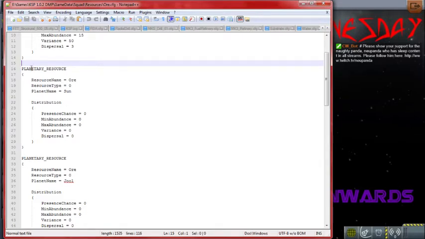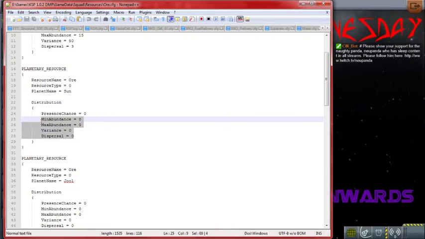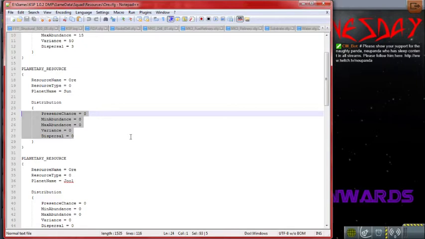So here we have a planetary resource definition for ore, type 0, which is mineable, on the sun. Which basically says there is none there. Now that's just no fun.